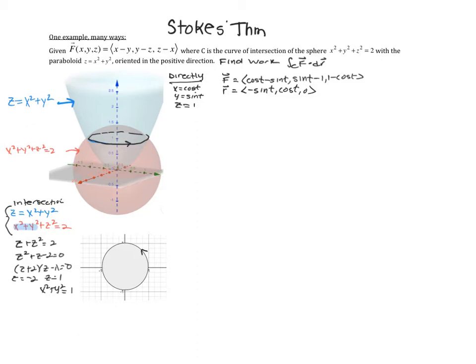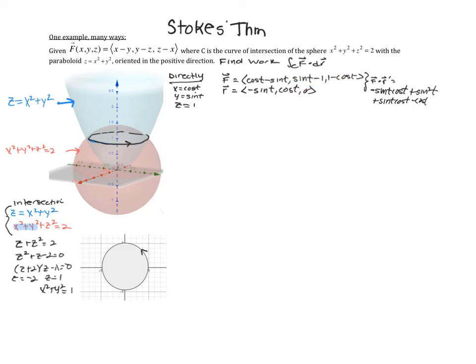And so that dot product is minus sine t cosine t plus sine squared of t, plus sine t cosine t minus cosine of t, and then 0 here.